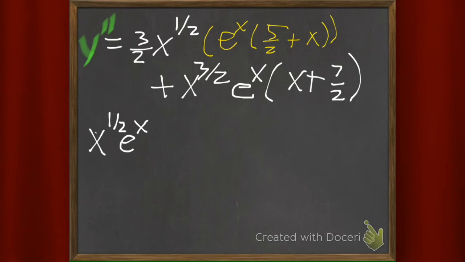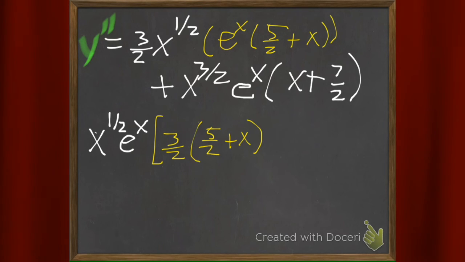Now we talk about what's inside. I'm still going to have this 3/2, and it's still going to be multiplied by that 5/2 plus x. Because those are the leftovers after we pull out x to the 1/2 and e to the x. Now let's talk about what's left over on the other term.